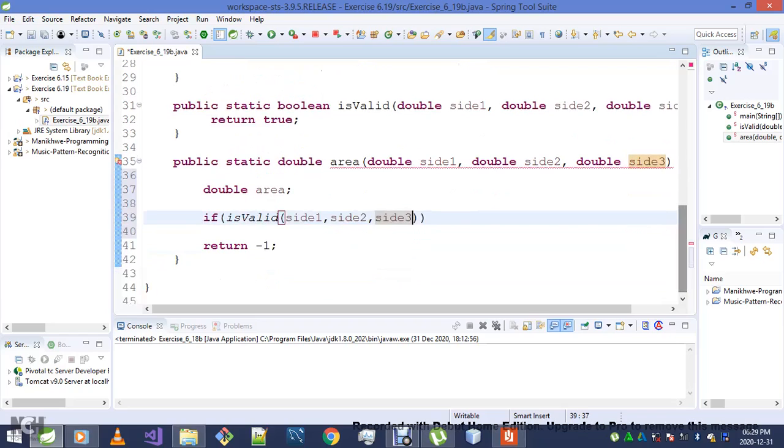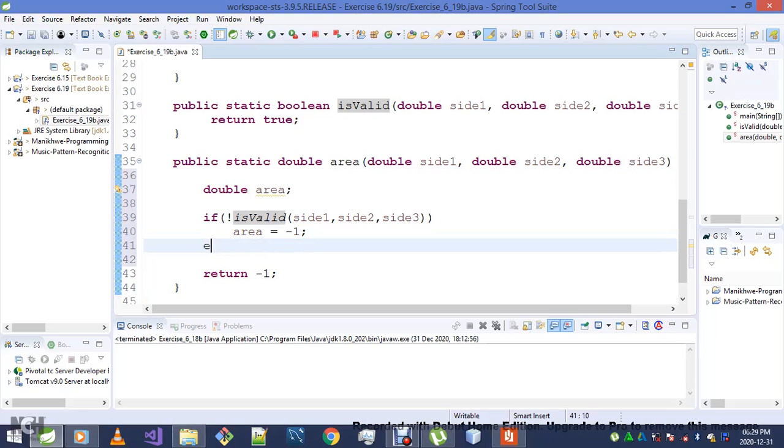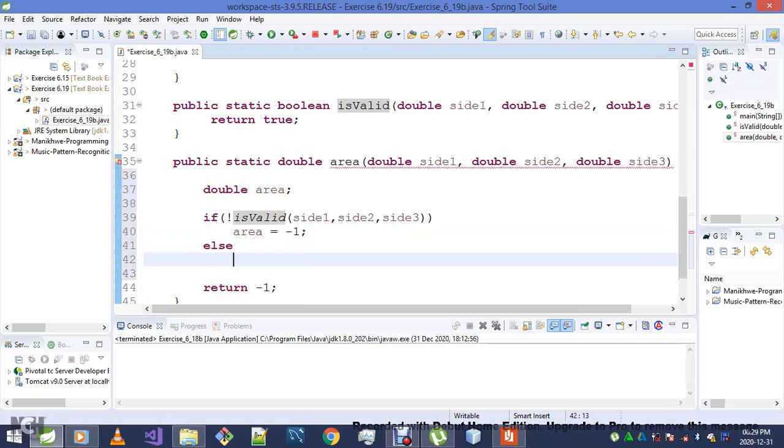If this is invalid, I'll make my area equal to -1. Otherwise, here's what I'll then do.